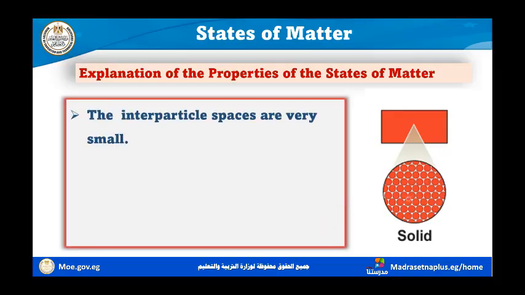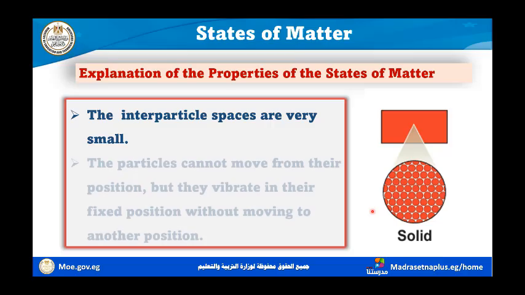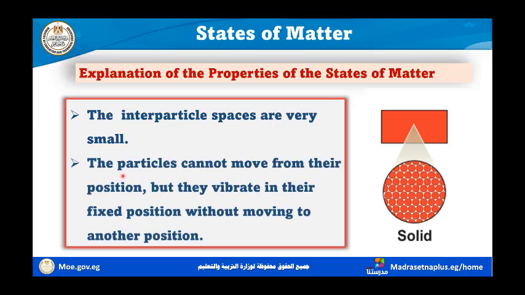The interparticle spaces are very small in the solid state, of course, as we mentioned before, so the particles cannot move from their position. The motion in the solid state is only vibration in their fixed position without moving to another position.